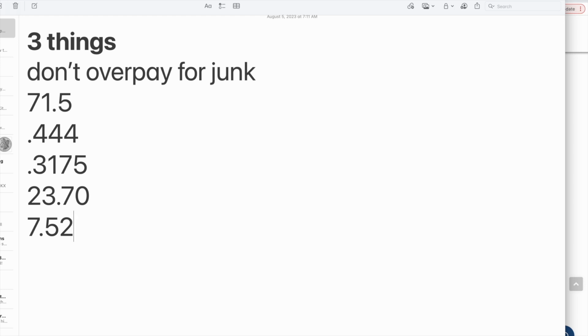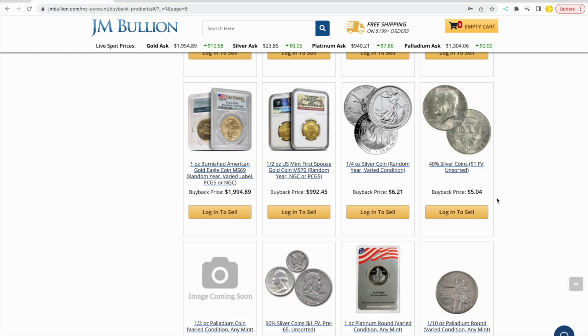That would normally be a Kennedy in the 65 to 69 zone. What are they paying for it over at JM Bullion? They are paying 5.04, so you would take roughly a 40% haircut on any 40% that you bought at spot.